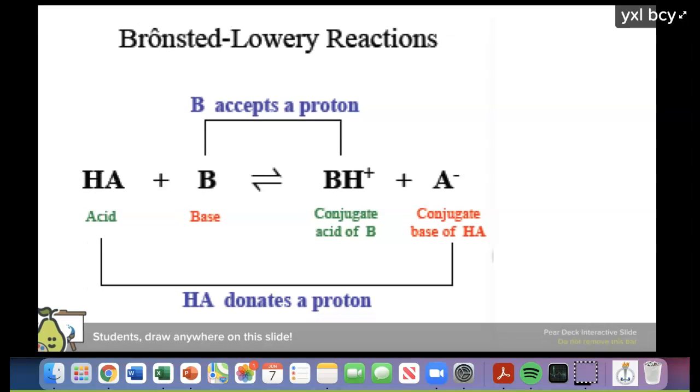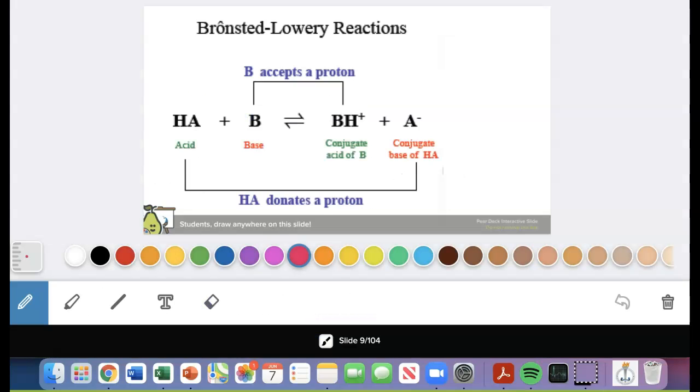So let me give you an example. This is a generic example. Again, notice HA. Let's just pretend I'll call it HF, where the A is F, right? A isn't a real thing. They're saying just a generic, okay? And then this is some base, B. Well, if you notice over here, the base has accepted the hydrogen ion.